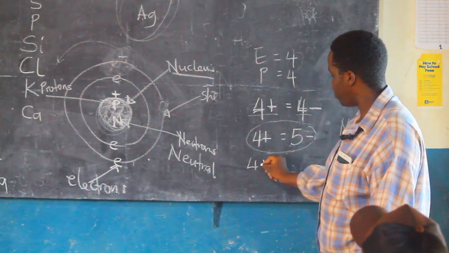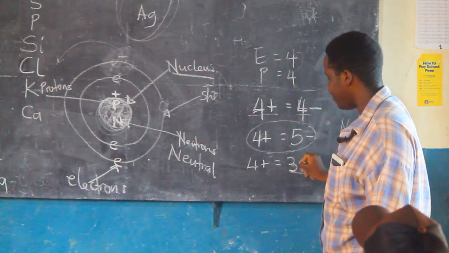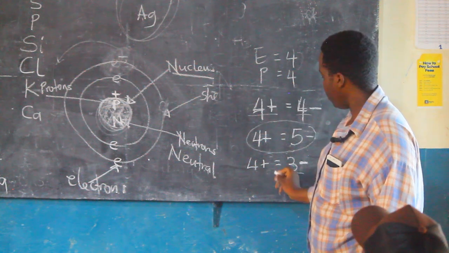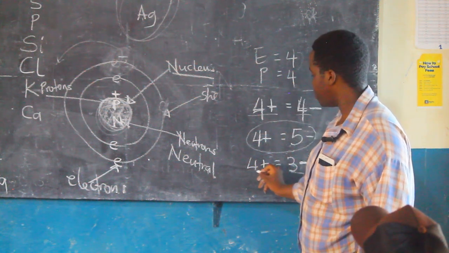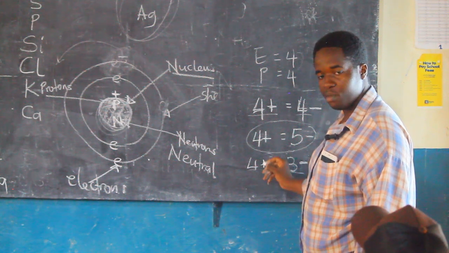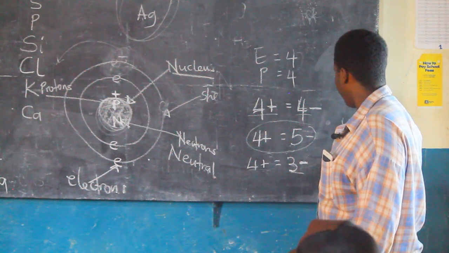We are going to have 4 protons and 3 electrons which are negatives. They are now fewer because one was donated. Now in this case, the positive charges will be more. Thus, this will be a positively charged atom.